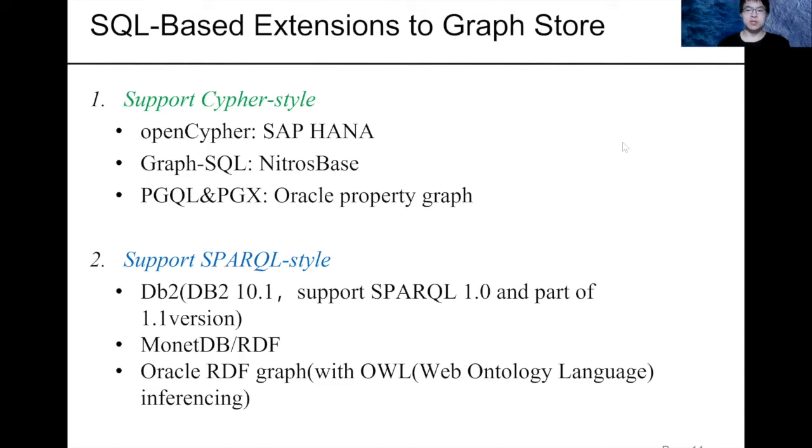Graph support extensions also occupy a considerable proportion of SQL-based multimodal query language. The way that SQL-based query language supports the graph data model is related to the various classical graph query language styles.